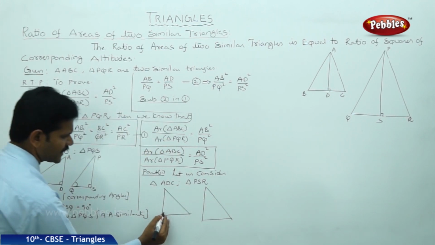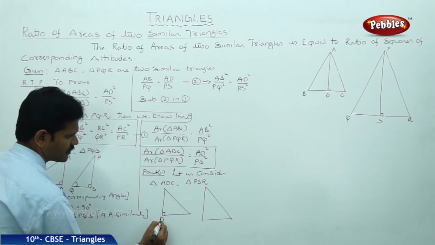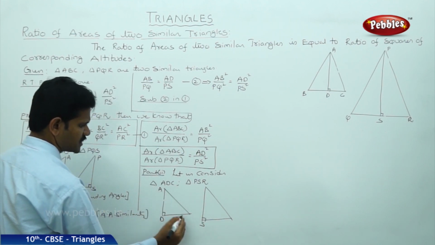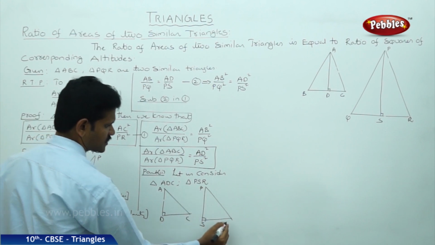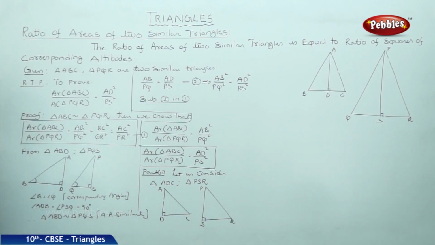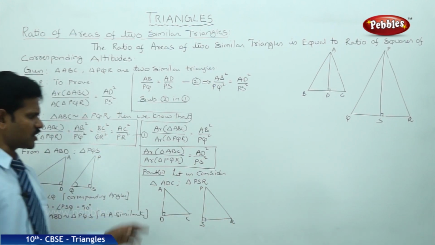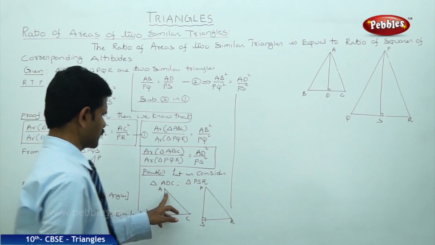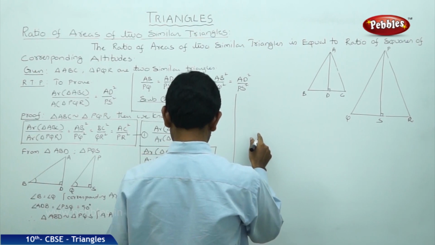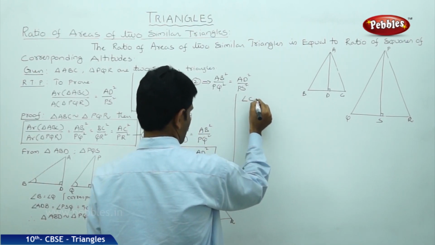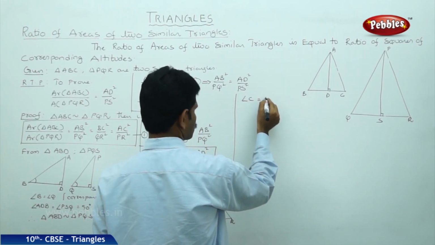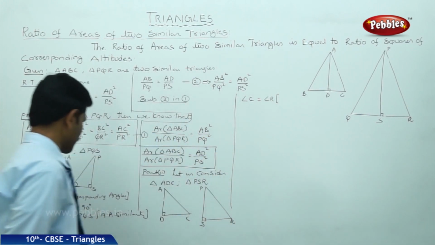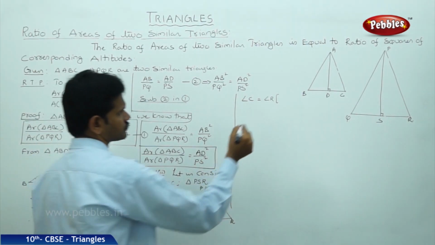That is, right angle is at D and right angle is at S. This is ADC, this is PSR. Now from these two triangles, I conclude that angle C is equal to angle R. Reason: corresponding angles.